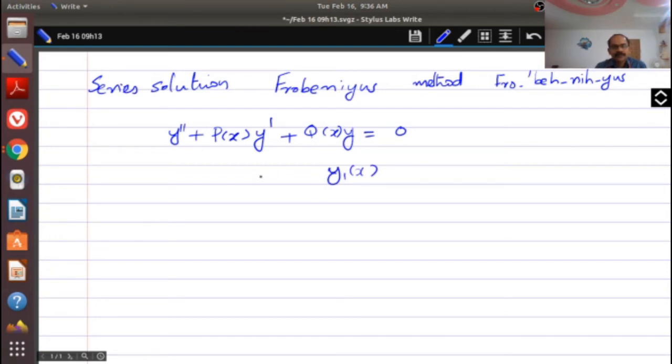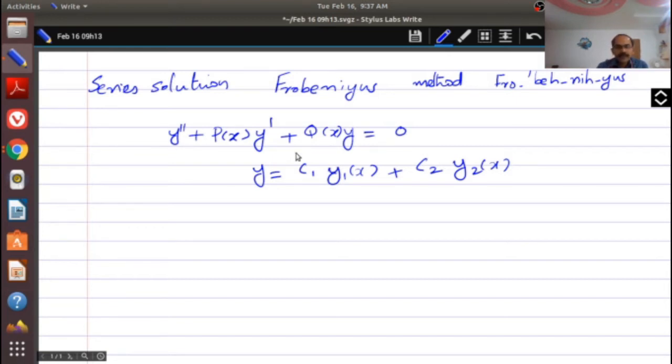Then the general solution is some constant, all linear combinations will work, so c1 y1 plus c2 y2 of x is the general solution. Later we will show explicitly that there cannot be a third independent solution for a second order homogeneous linear differential equation.